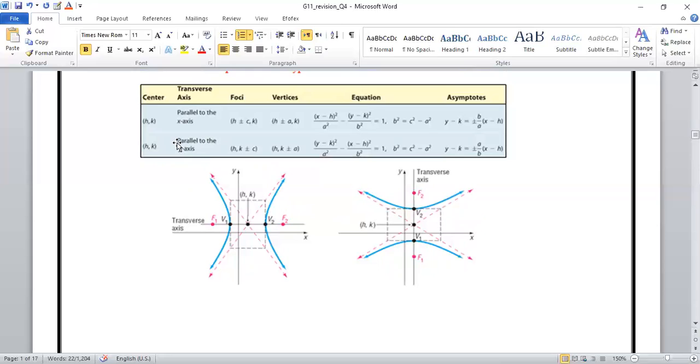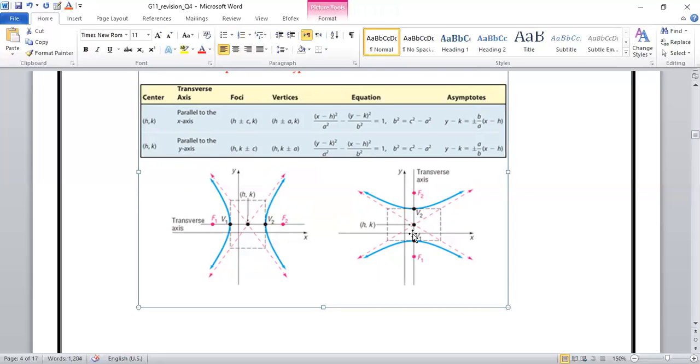Second case, if the transverse axis is parallel to the y-axis, as shown in figure number 2, we put the transverse axis term above A square, but after substituting y by y minus k, because the center is not 0, 0: y minus k all square over A square minus x minus h all square over B square equals 1.